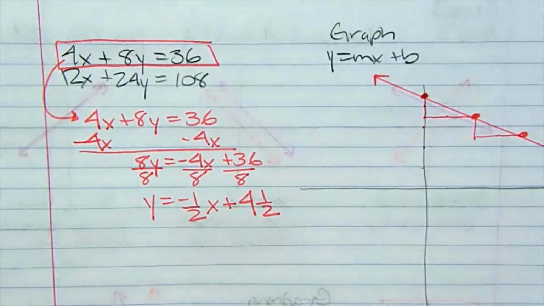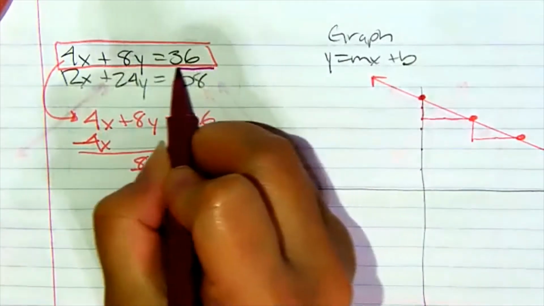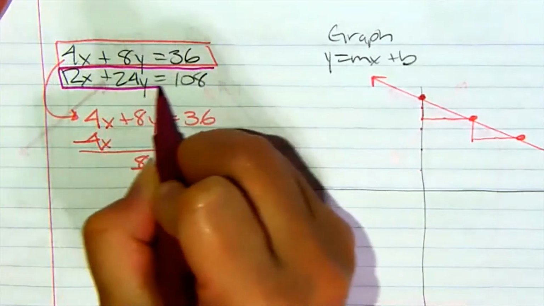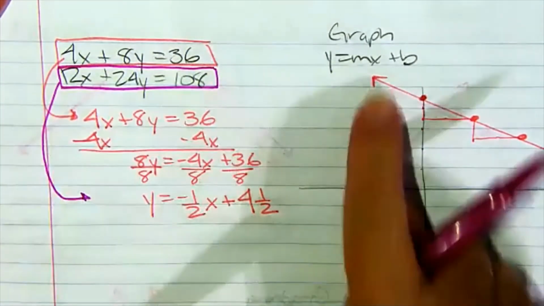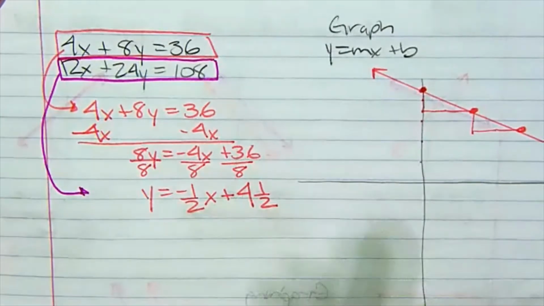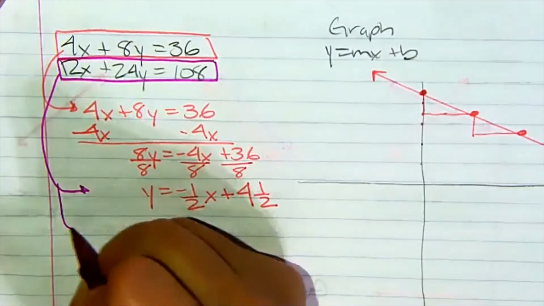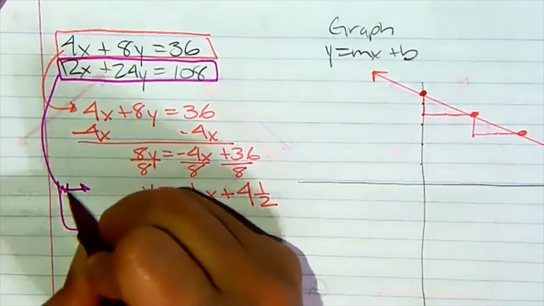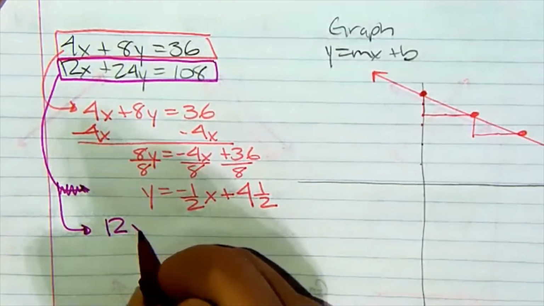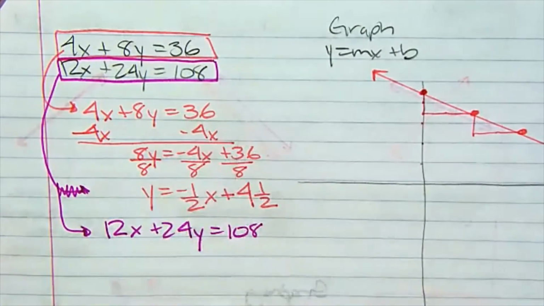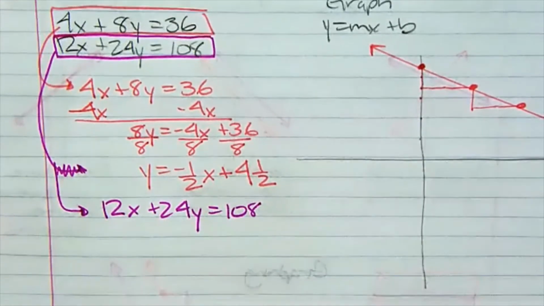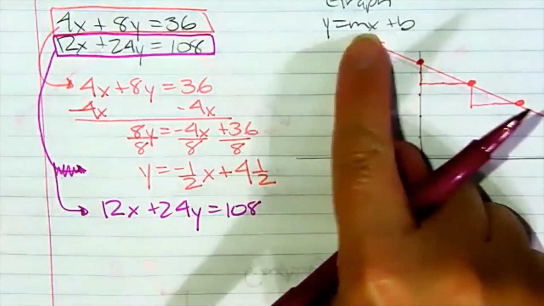But now we need to graph this line. So we need to first put it in slope-intercept form. Oops. Bring it down here. 12x plus 24y equals 108. So I need it in y equals mx plus b.